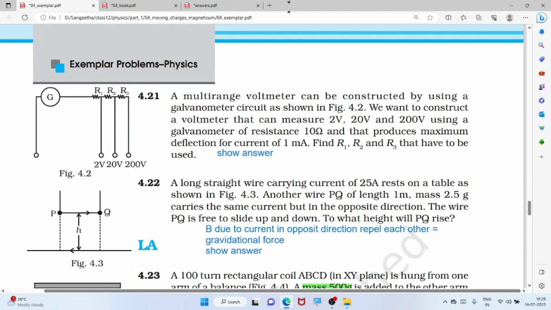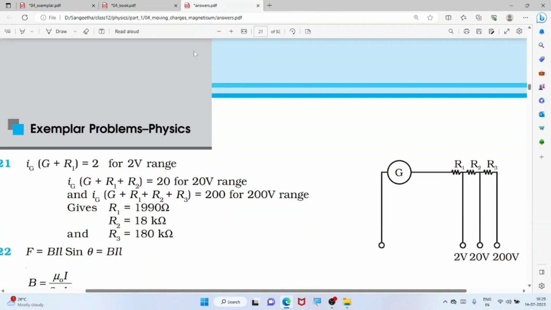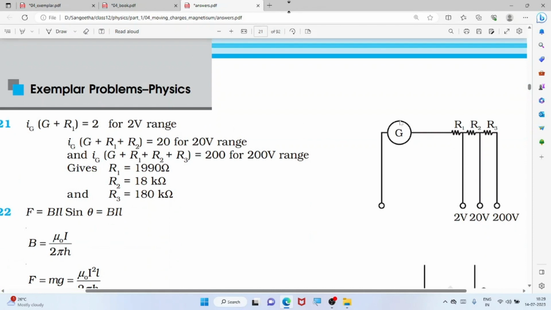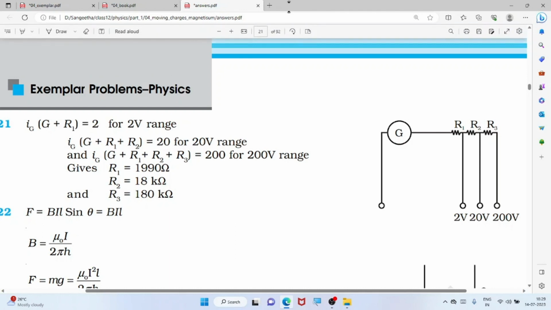A multi-stage voltmeter is constructed using a galvanometer as shown. We want to construct a voltmeter that can measure 2 volt, 20 volt and 200 volt using a galvanometer of resistance 10 ohm, which produces full deflection at this current in amperes. Okay, here is the circuit. The current is equal to 2 volts up to this resistance.